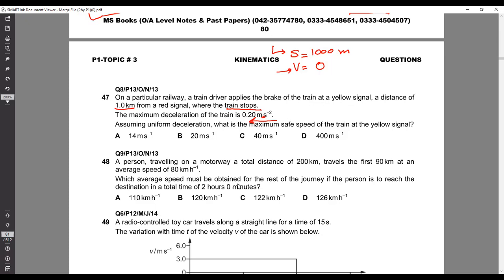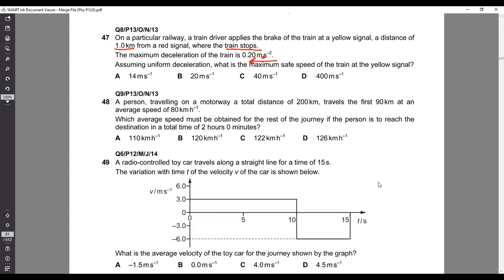So you can use all the units in kilometers and hours, and even the time in hours, to solve question 48 the same way. Do not convert it because they all are in kilometers. It's your choice how you do it. But can you try to solve this? Question 48.